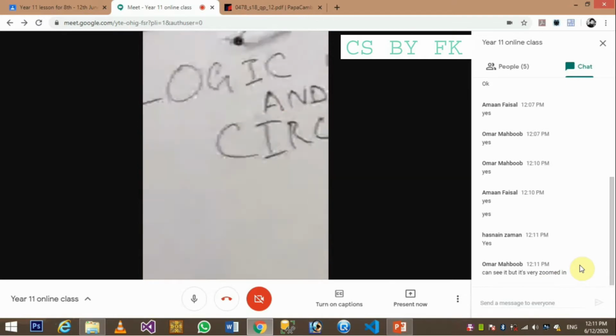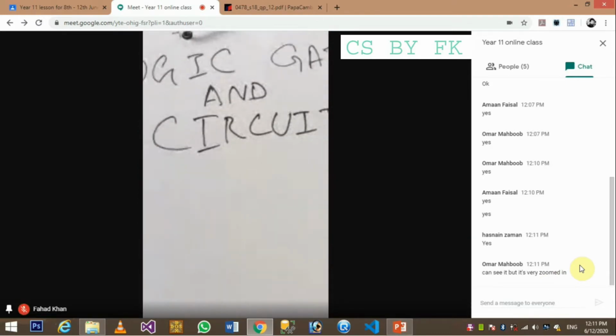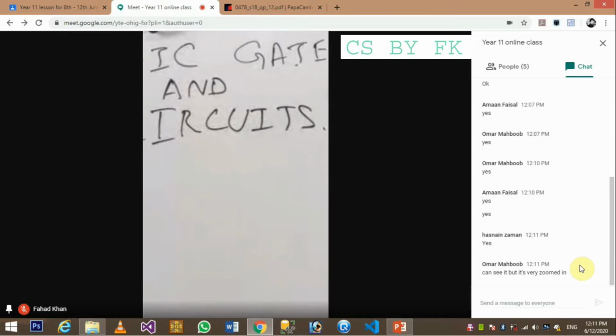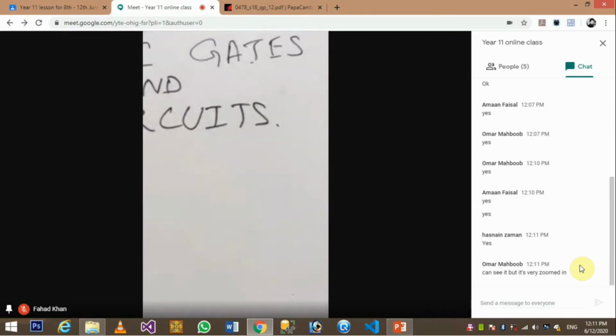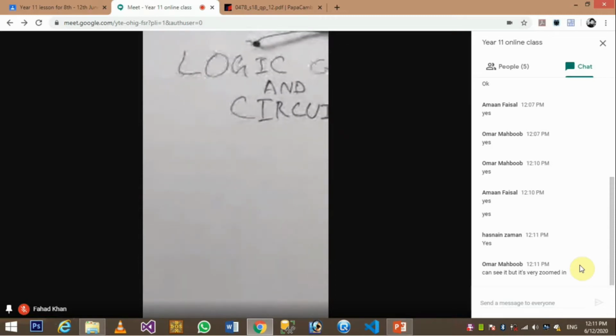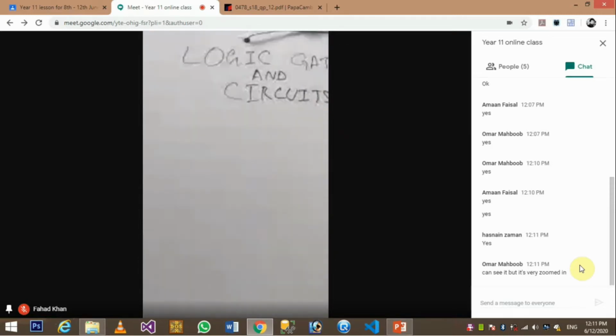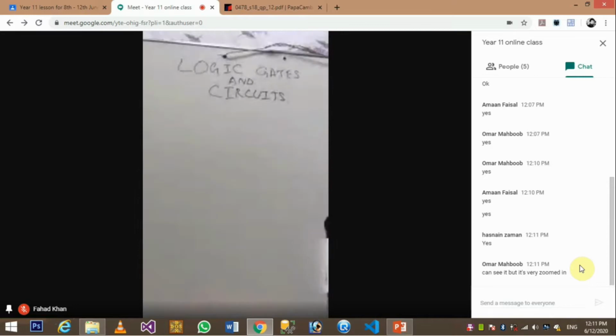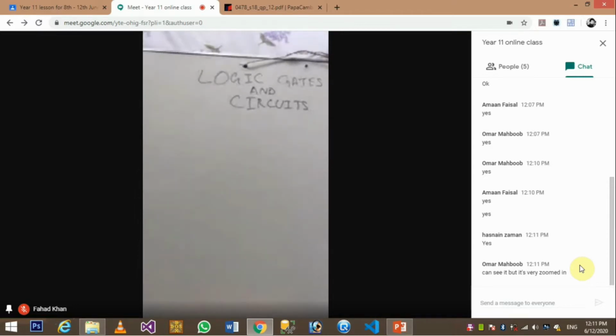You can see it's very zoomed in because the heading is so enlarged. That's why it's zoomed in. If I move back, maybe you won't be able to see that. So I think that's fine, because whatever I'm doing on the board should be clear.